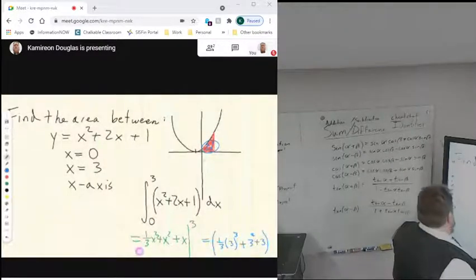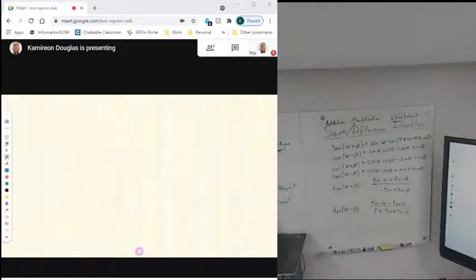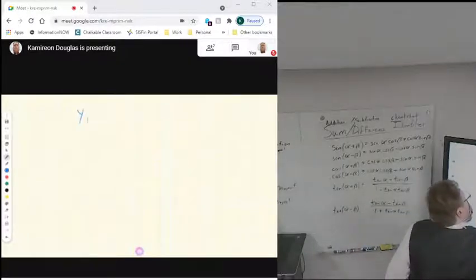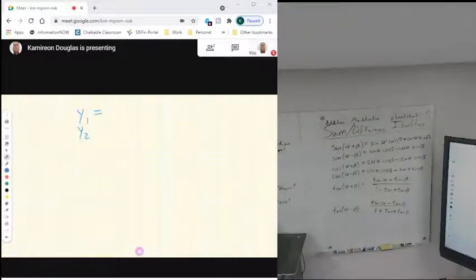Your first homework problem says, determine the definite integral that gives the area of the region. So it's not actually asking you to solve anything, but we're going to solve it. So let's talk about it. We have two functions, y1 and y2. y1 is x squared minus 4x plus 3.